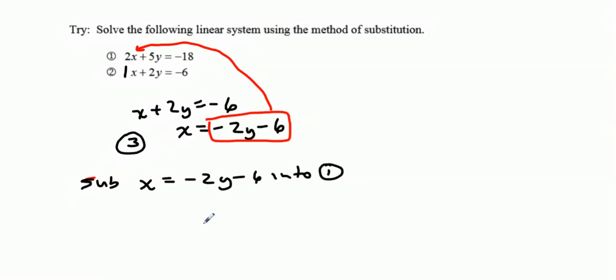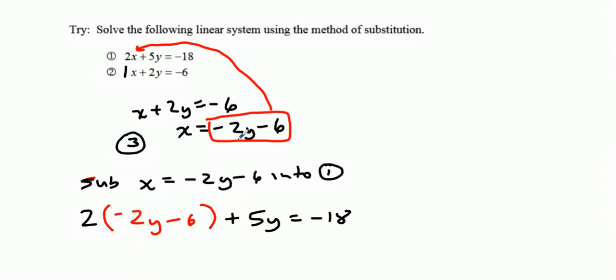When I do that, I get 2, that's the 2 here, and then the x. So my x, instead of writing x, I'm going to replace it with my expression that I have for x here. Minus 2y minus 6 plus 5y equals negative 18.